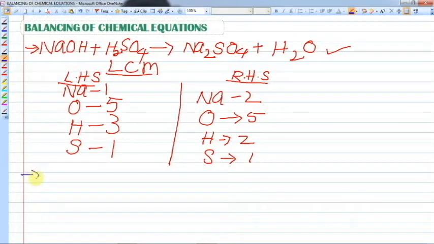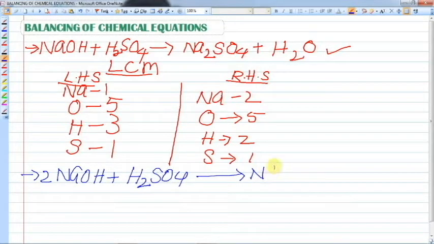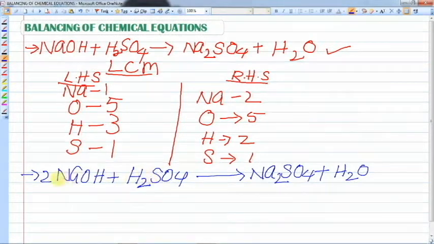What's the second step here? 2 NaOH plus H2SO4 gives rise to sodium sulfate Na2SO4 plus H2O. Now we are equating sodium on both sides. Here 2 sodium atoms, and here also 2 sodium atoms. Now the sodium atoms are balanced, but what about the remaining atoms?